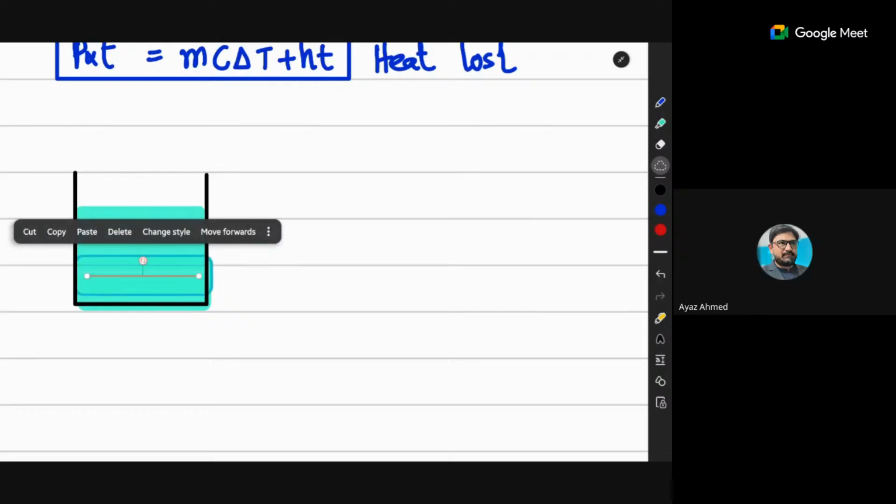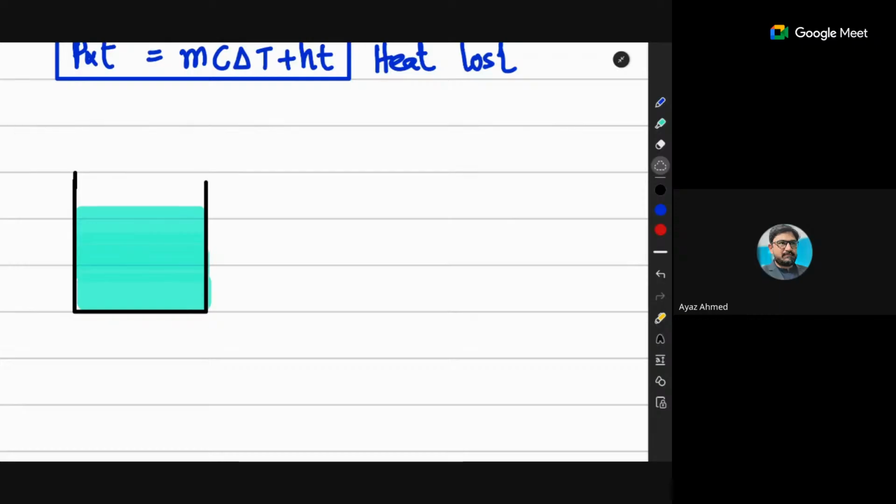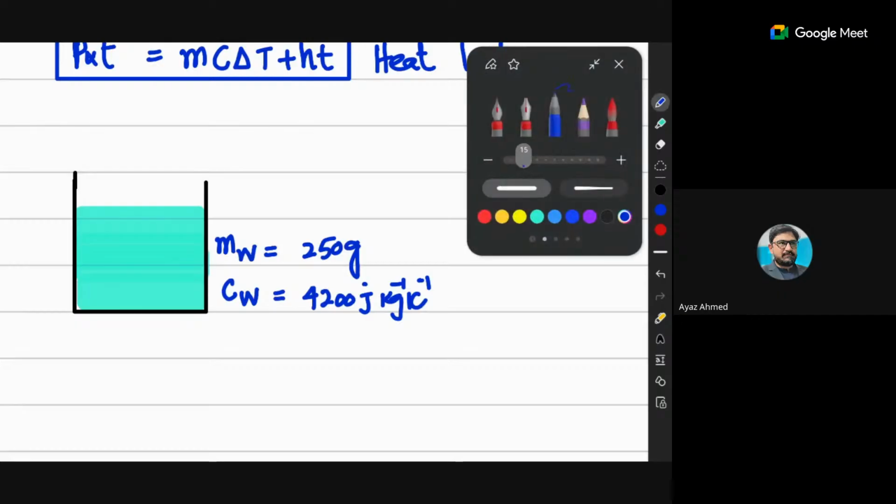The situation is very simple. Your container is filled with cold water, and the mass of this cold water is, let's say, 250 grams. The specific heat capacity of the water is 4200 joules per kg per Kelvin. These are all the information available to you.